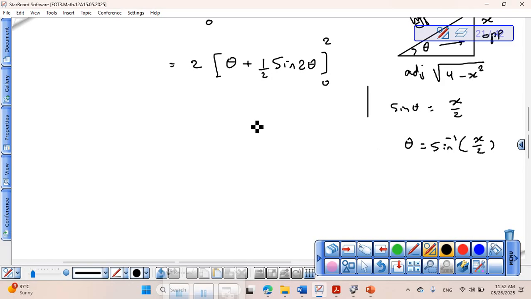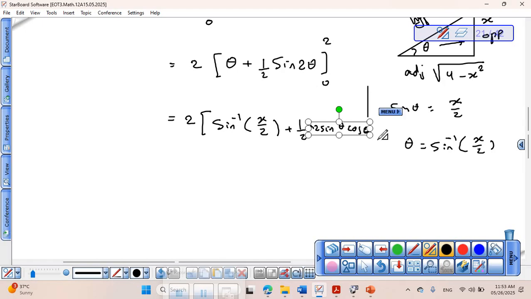Just substitute here: this equals 2 sine inverse x over 2 plus half sine 2 theta, and sine 2 theta equals 2 sine theta times cosine theta.